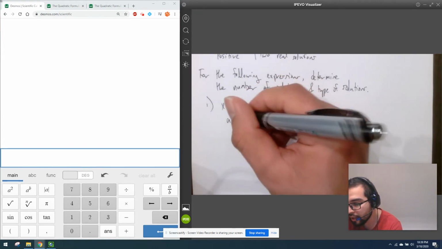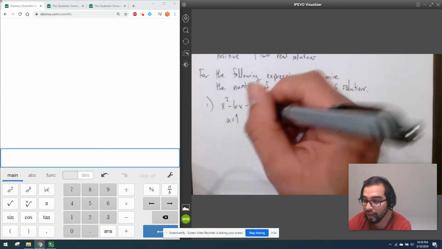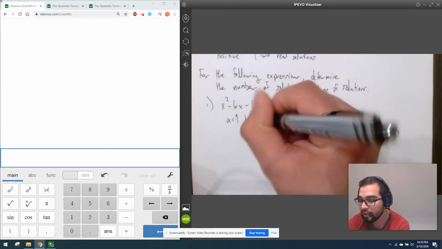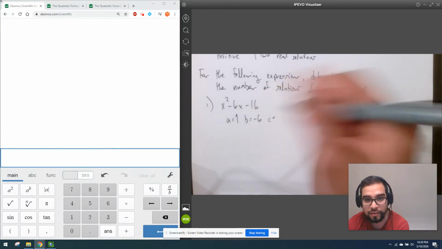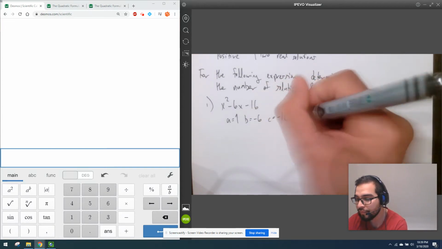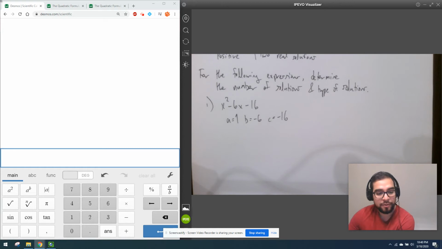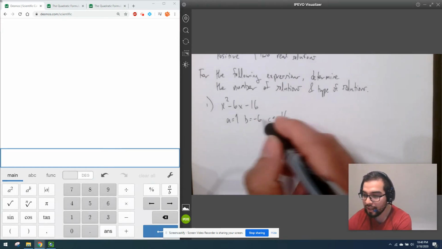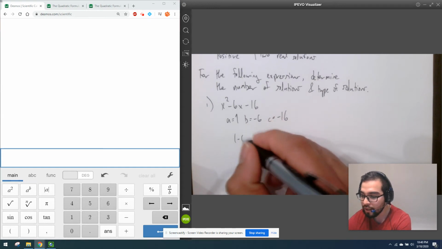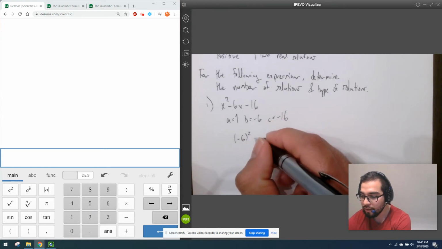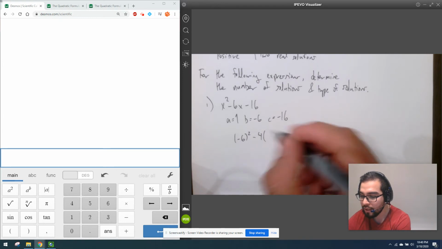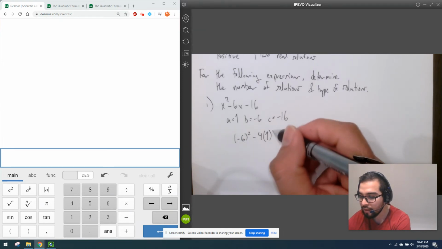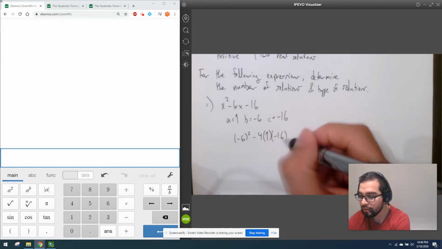The value of a is 1 since it's just x squared. The value of b is equal to negative 6 and c is equal to negative 16. Now my discriminant is b squared, so negative 6 squared minus 4 times a times c, negative 16.